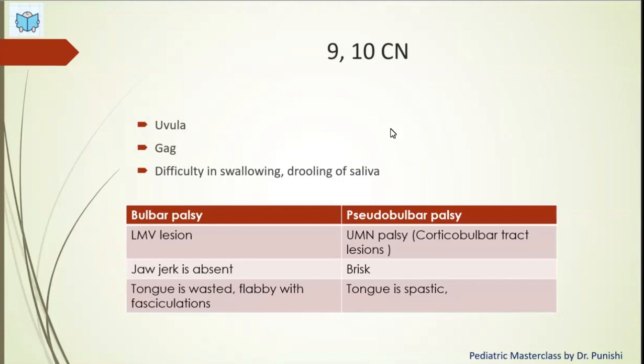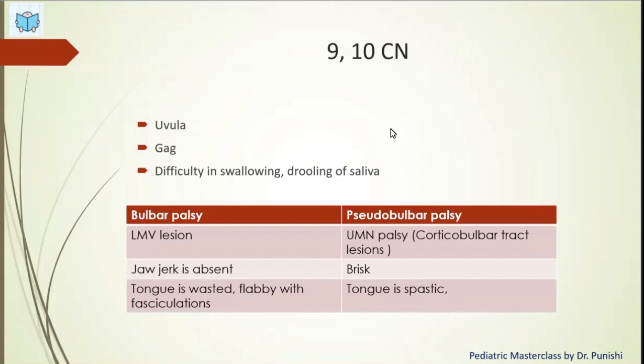What are the causes? So bulbar palsy is a lower motor neuron lesion, whereas pseudobulbar palsy is when you have involvement of the corticobulbar tracts. So that's a UMN lesion. Okay. So that's the first differentiating feature, that this is LMN versus pseudobulbar being UMN.